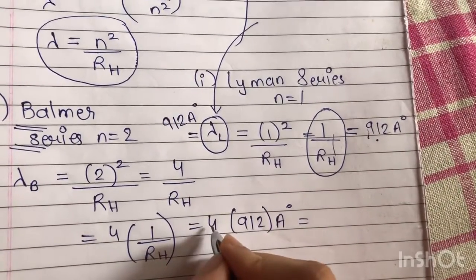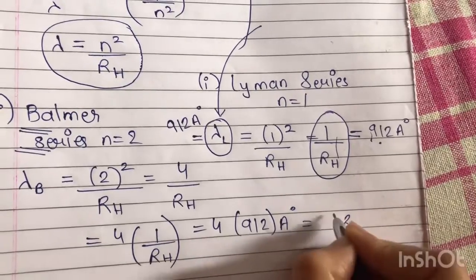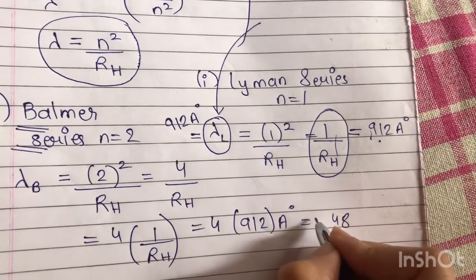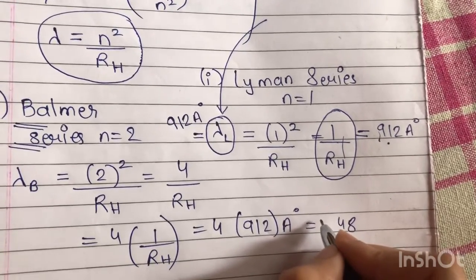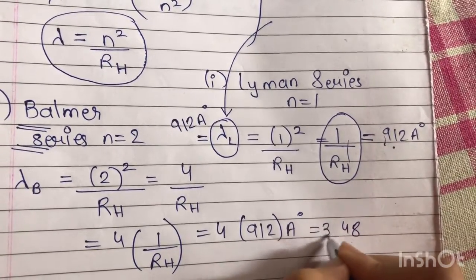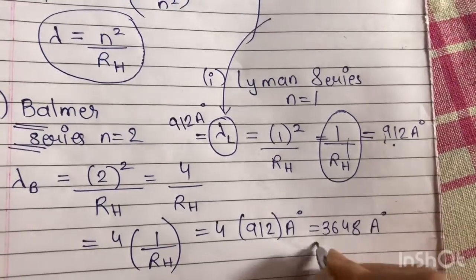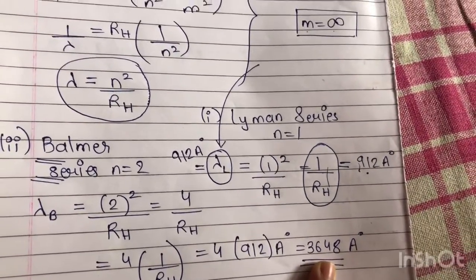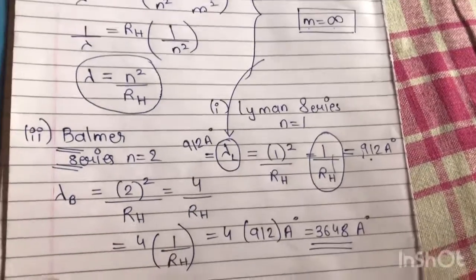Multiply 912 with 4, 4 2s are 8, 4 1s are 4, 4 9s are 36. So this is the limiting value for Balmer series.